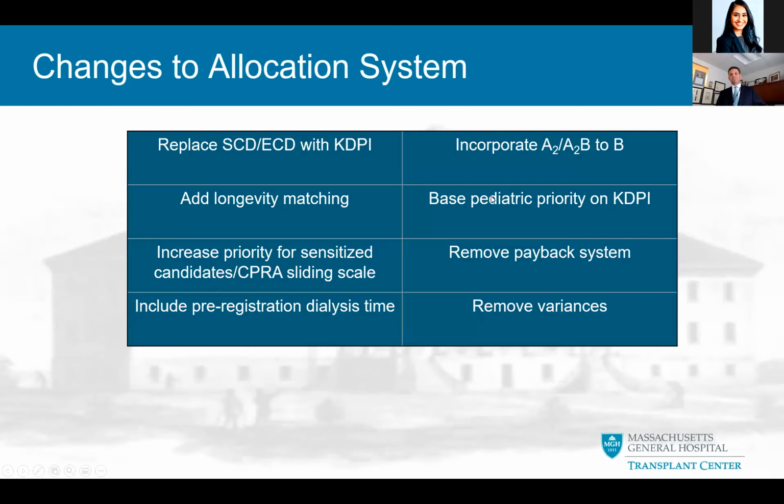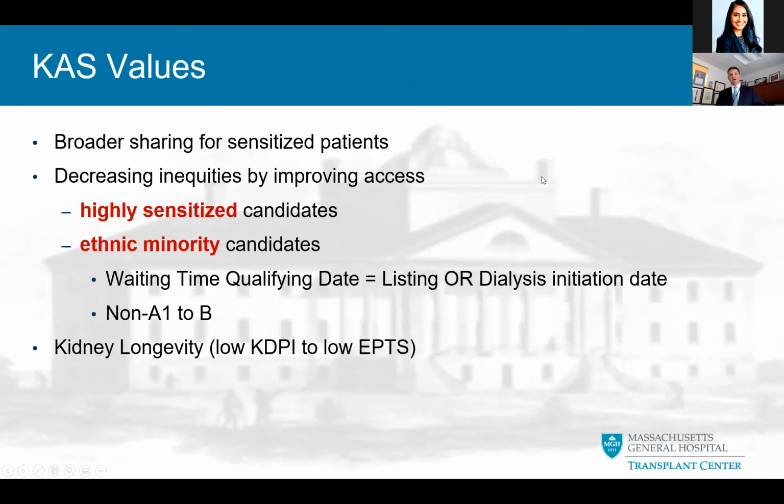One of the important ones to mention is that blood type B recipients got a chance to capture donors from a specific blood type A if they have low antibodies. All these pieces added together created value for CAS by sharing for sensitized patients, essentially decreasing inequity for sensitized patients and for ethnic minorities, as these patients were more likely to be referred late to transplantation and after being on dialysis for years.